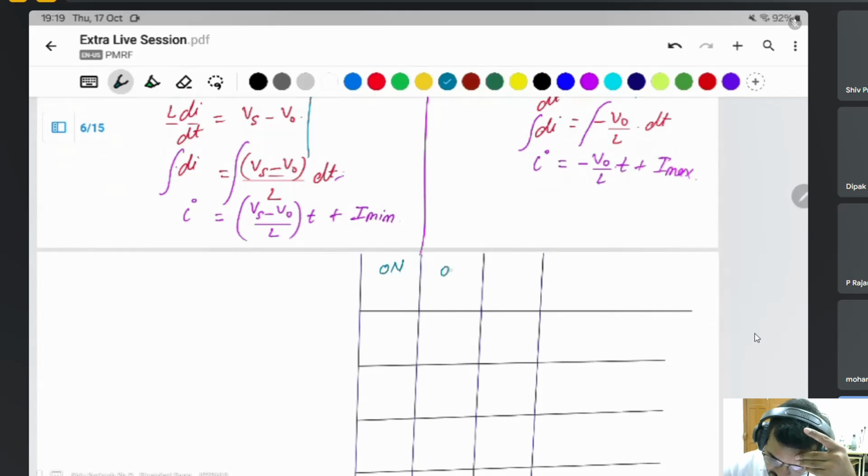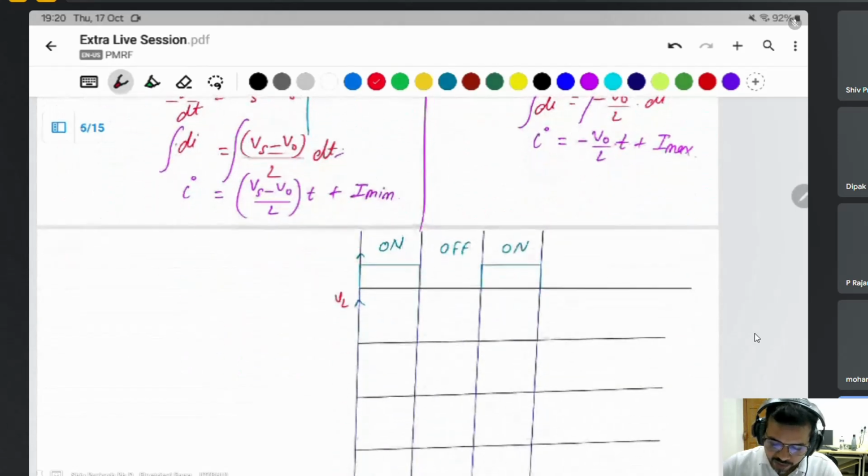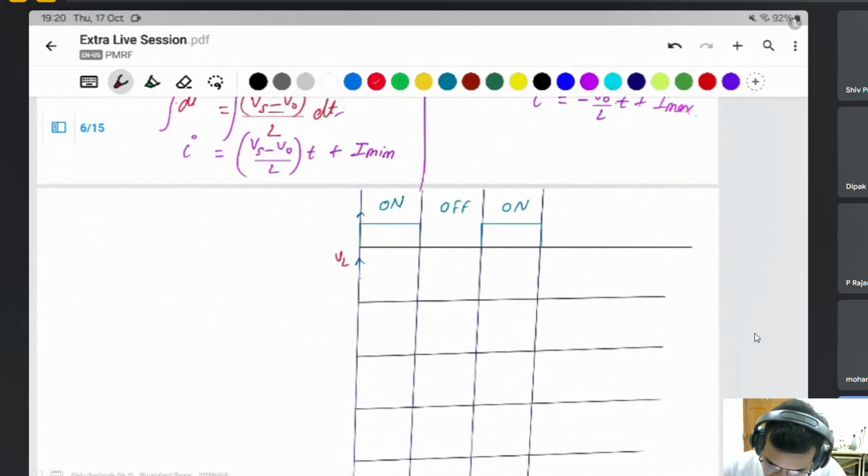On time, off time, then again on. Suppose this is the duty cycle. What is the inductor voltage at that time? The inductor voltage is Vs minus V naught. Vs will be constant, V naught will be constant.